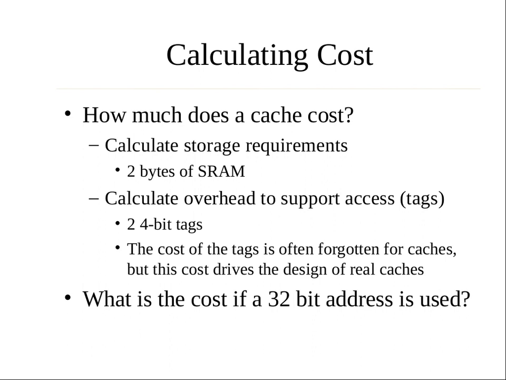So the tag can take a significant amount of your space, is the point here. Do y'all see? No one has a 2-byte cache. You usually have a 64-byte cache or 64-kilobyte cache or something.